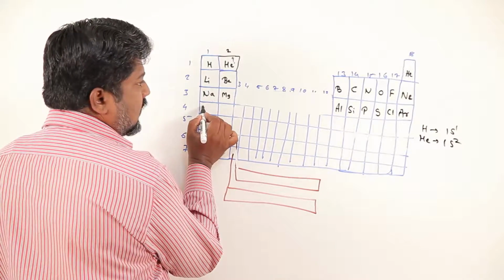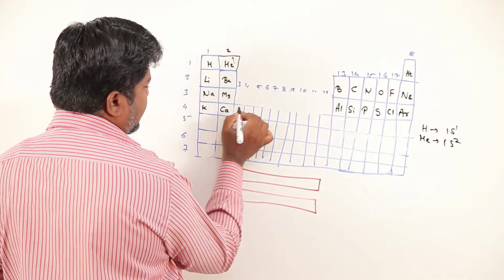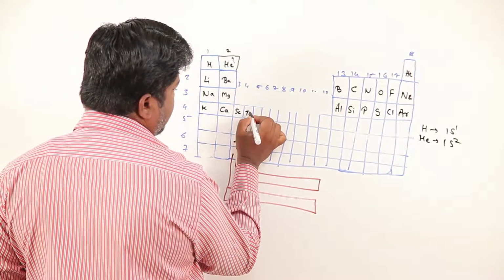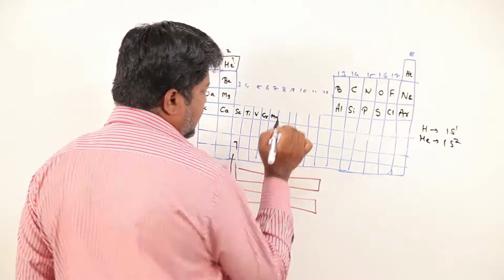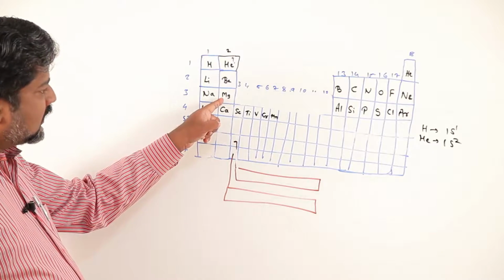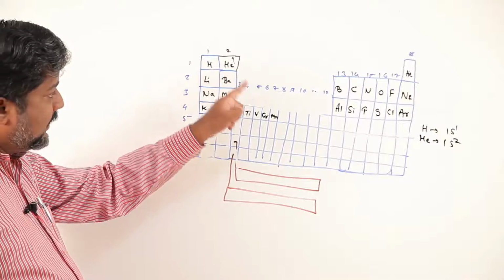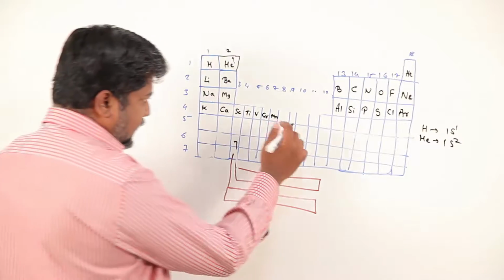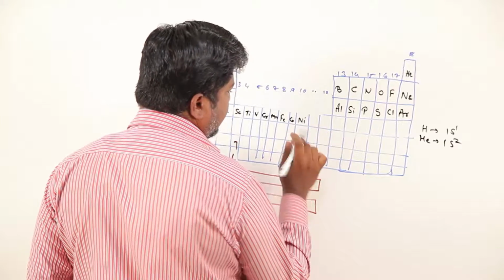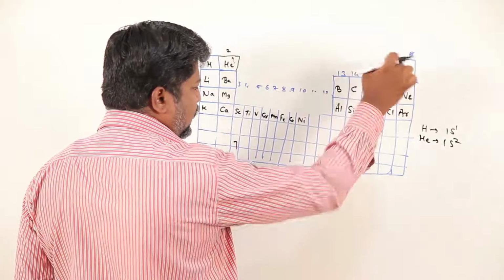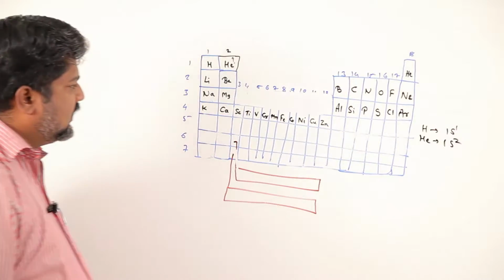Let us check. It's argon, then potassium, calcium, scandium, titanium, vanadium, chromium, manganese. Many people are confused between magnesium and manganese, beryllium and barium, like that. So this is manganese, iron, cobalt, nickel and neon, a confusing element, then copper and zinc.